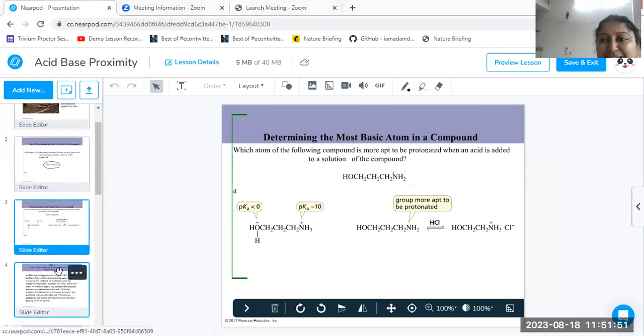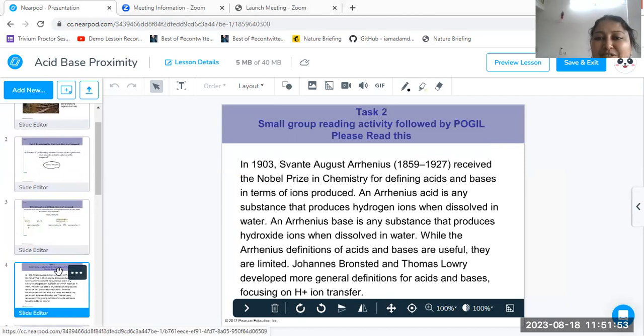You nailed it. Okay, so task two today is a small group reading activity followed by a couple of Google questions. So we will divide you all into two groups. Group one would be Students A, B, C, D, and group two would be Students E, F, G, H. I would need a volunteer to read.